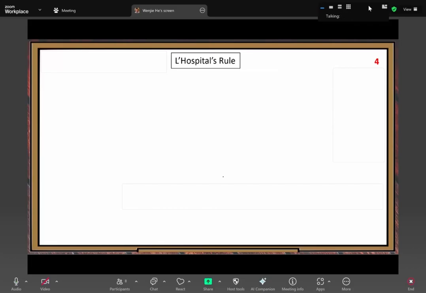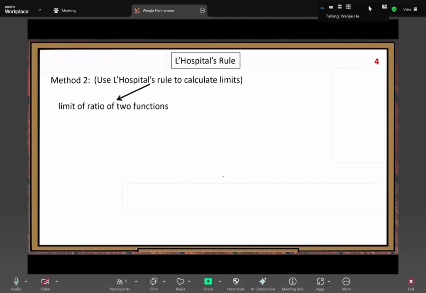All right. Method 2. Now this time we use L'Hopital's rule to calculate the limit of the ratio of two functions. L'Hopital's rule tells us when you calculate the ratio of two functions, you can use the ratio of the two derivatives of these two functions to calculate the limit.